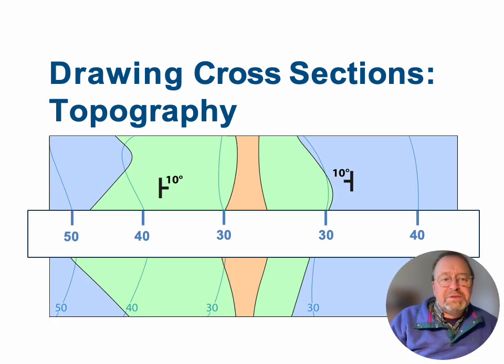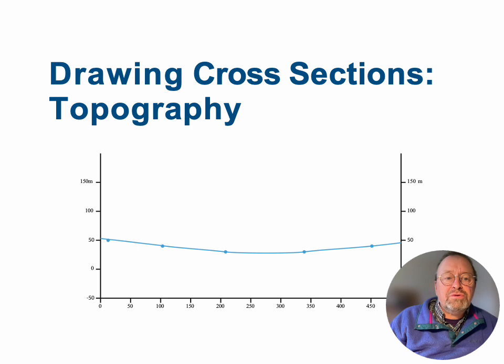If we look at this particular example, we can see our topographic contours, 50, 40, 30, etc. These we can use to draw on the cross section where the land surface is. So where it intersected the 50, the 40, the 30, you can just join those up, and you can see here's a very shallow dip across there.